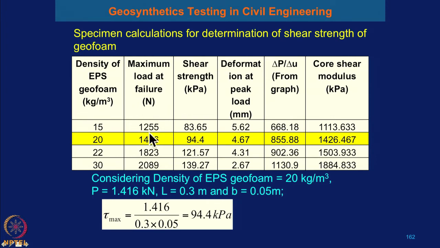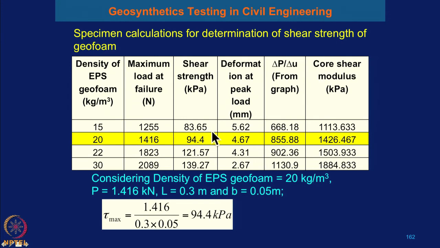For 15 density it is 1255 Newton, for 20 density 1.16 Newton, for 22 density 1823 Newton, and for 30 EPS density 2089 Newton.